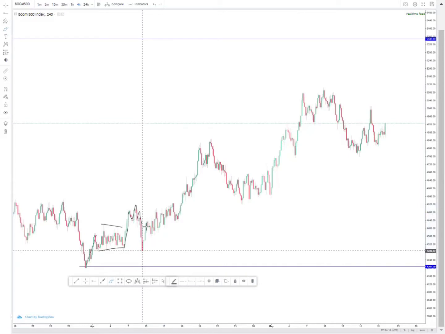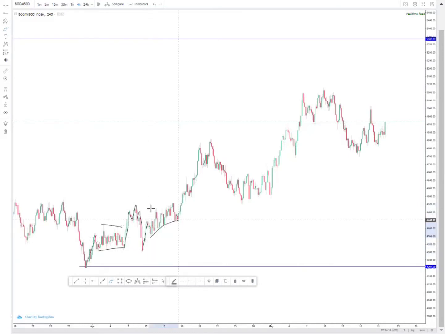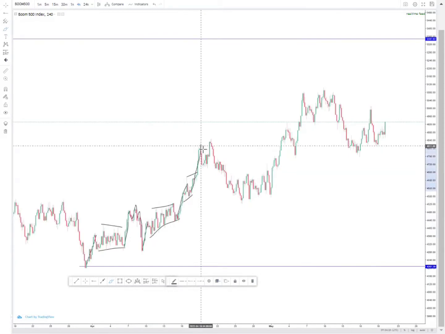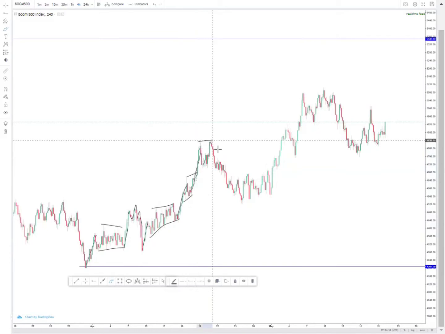So we also had this impulse, and then this is one of the corrections, and then we had an impulse. This is a small correction, and then we had the impulse. So we had this double top formation, which is one of the reversal patterns.